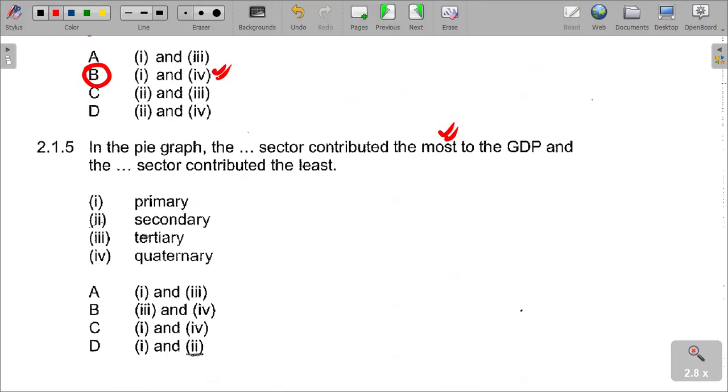So we have the tertiary sector, which has the biggest, and then we also have the smallest. If we calculate that one, we can also find out that the smallest comes from the primary sector.